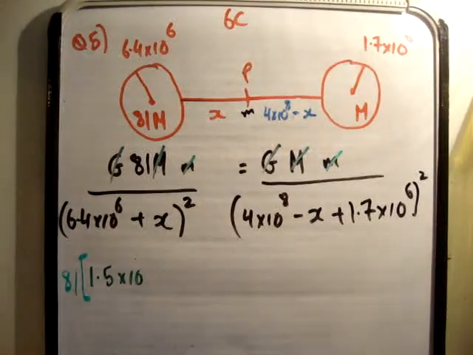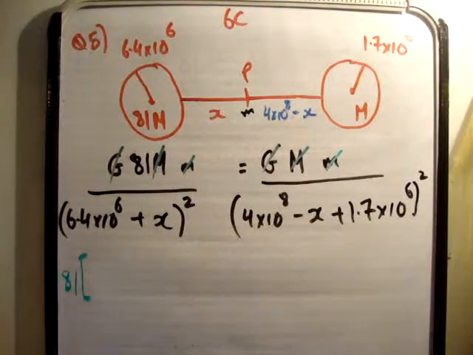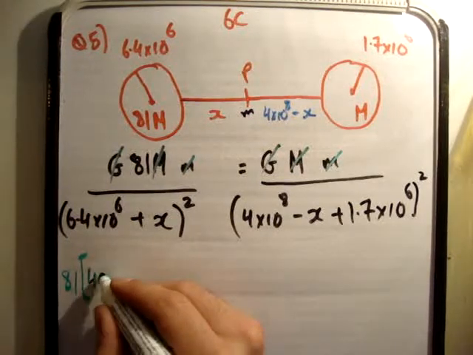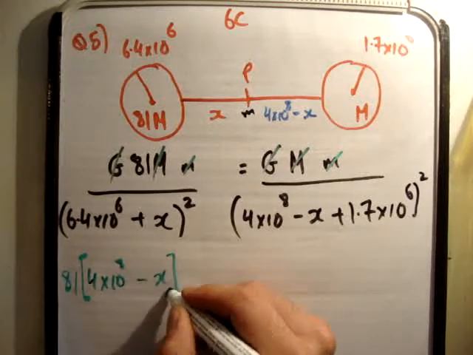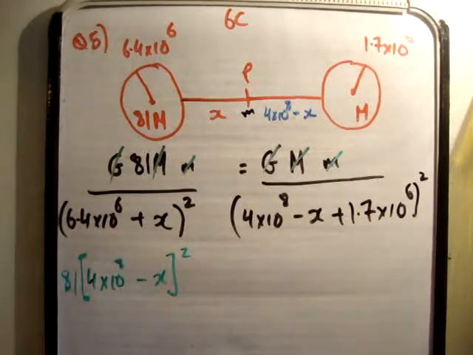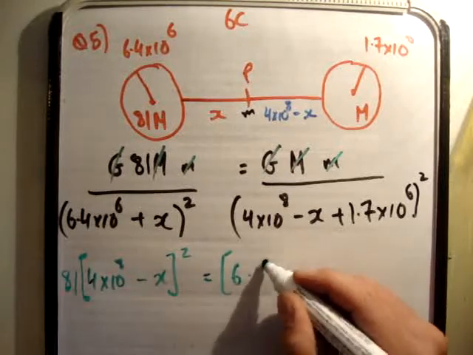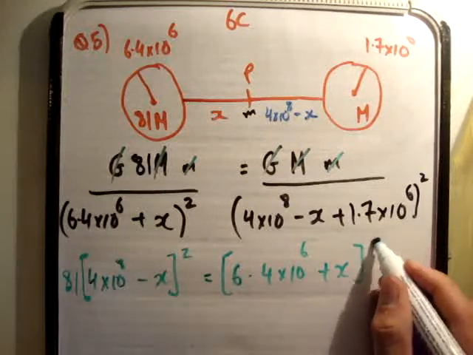I'm looking at the wrong line in my notes here. I have to do this in longhand. So we're going to have 4 times 10 to the 8 minus x, to be squared, and on the other side 6.4 times 10 to the 6th plus x, to be squared.